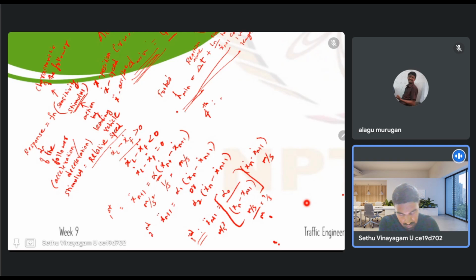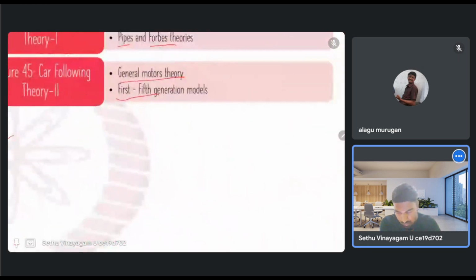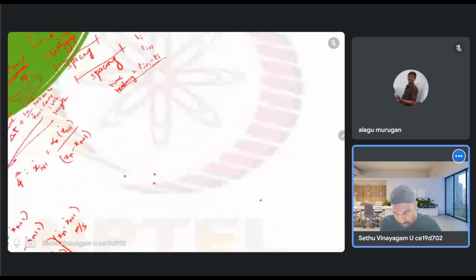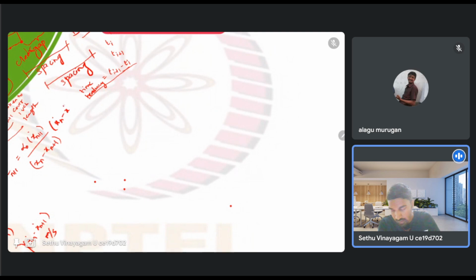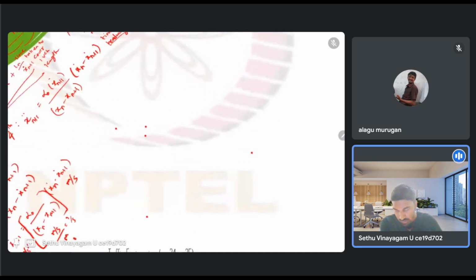So the speed of the follower was brought into the sensitivity term. Okay, so x dot n plus 1 divided by spacing is still present. This is the new sensitivity term, and then the stimulus is the same, the relative speed. So this is your fourth generation model.